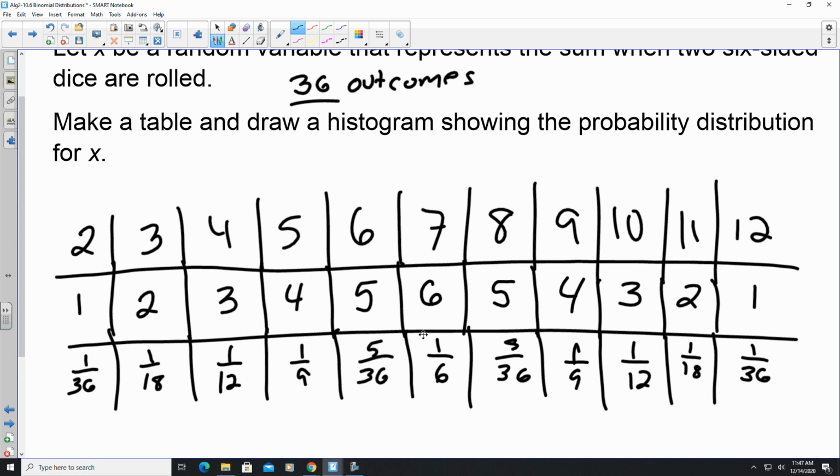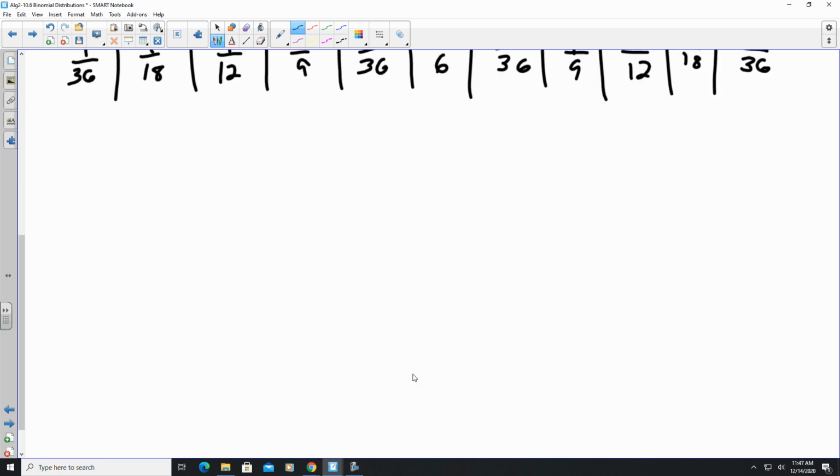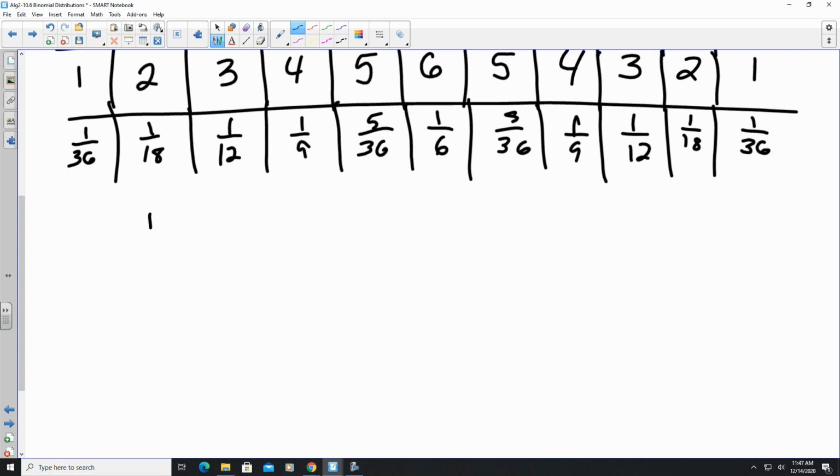The last thing it says is to draw a histogram. A histogram is like a bar graph with no spaces in between the bars.